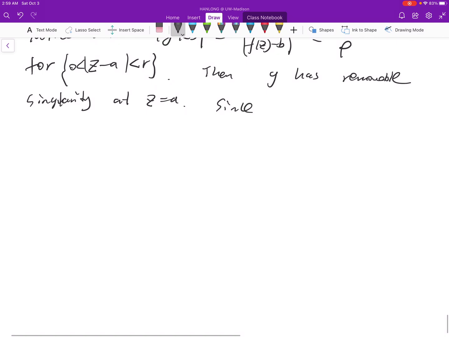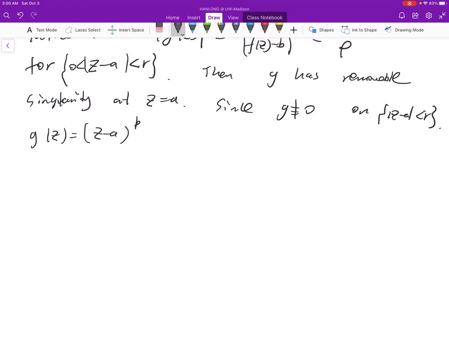Since g is not identically 0 on |z minus a| less than r, we can factor out (z minus a) to the k, g(z) equals (z minus a)^k h(z), where k is greater than or equal to 0 and h(a) is different from 0.